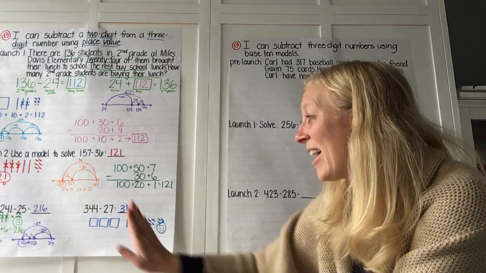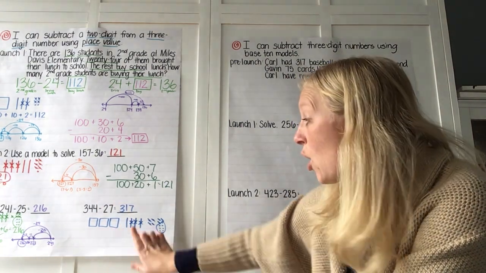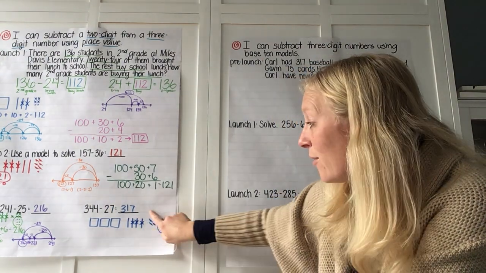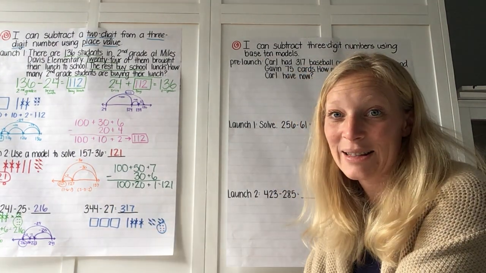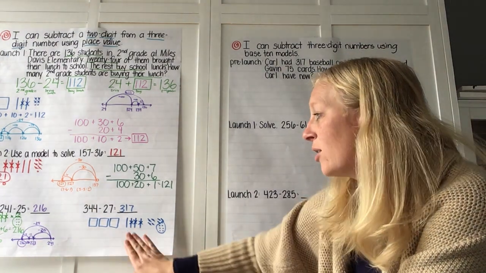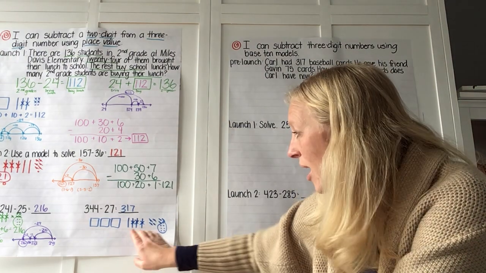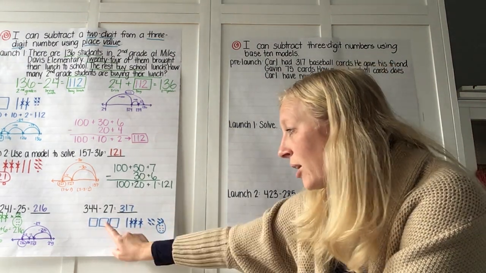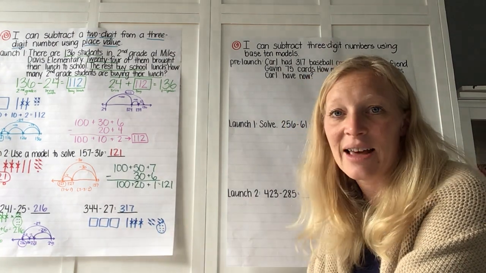Then I had 3 hundreds, 3 10s, and 14 1s. Then they could take away the 27. So the 2 10s here were taken away, the 4, and then 3 more to get to that 300, 10, and 7 1s.